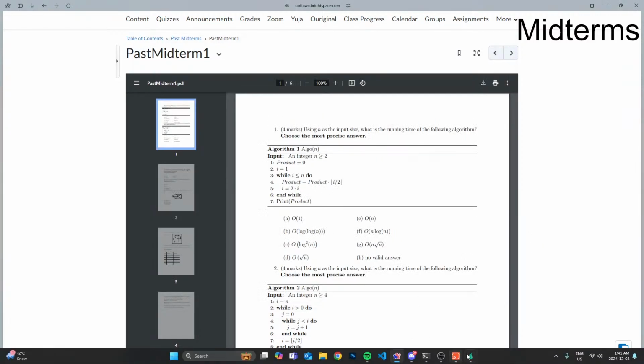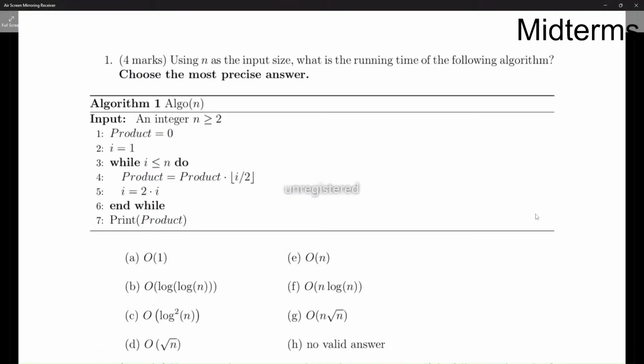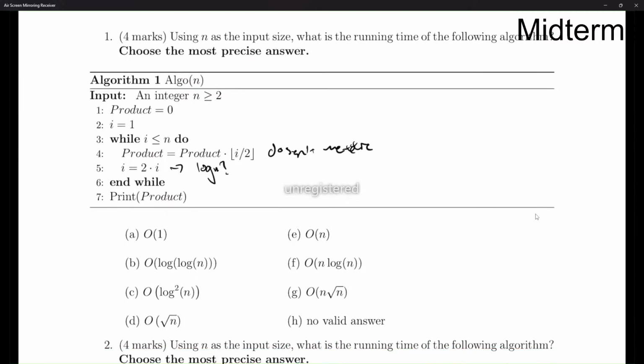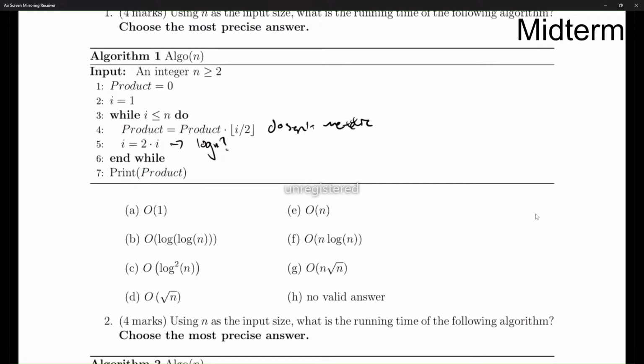Okay, so this doesn't matter. Does this count as log n? I don't think so. So I think this is just O of n.